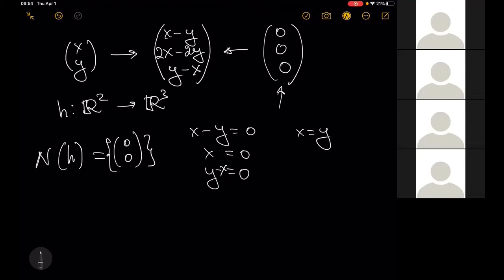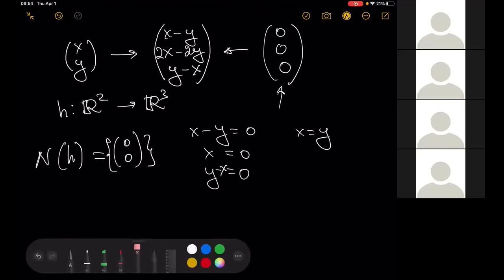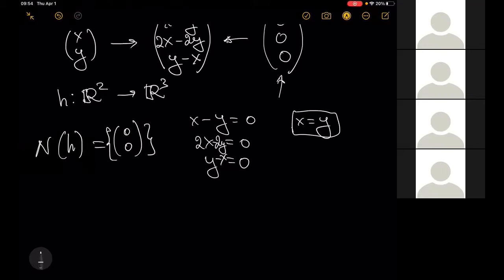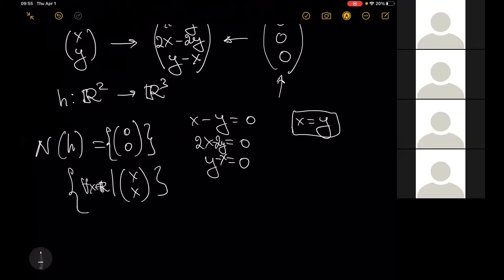Something like that. Yeah, this is better. So then I know that if x is equal to y, I will get a zero vector, right? So in other words, all vectors of the form xx form the null space, right? Clear or not?